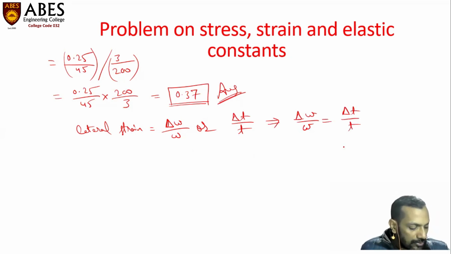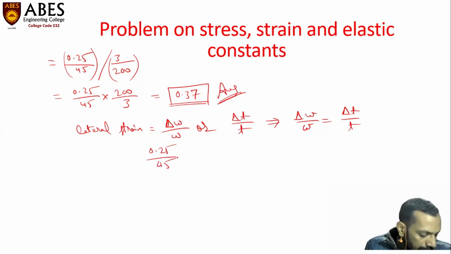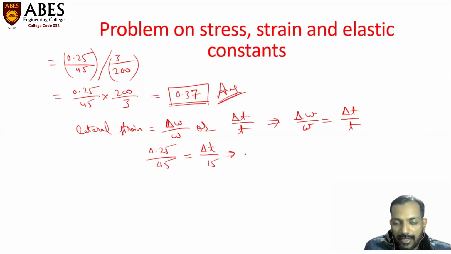So let's put the value. Change in width is 0.25 upon original width 45 is equal to change in thickness. It is to be found here. It is our objective. And what is the initial thickness? It is 15. From this, we can calculate the value of delta T. Delta T is equal to 0.25 multiplied by 15 upon 45.